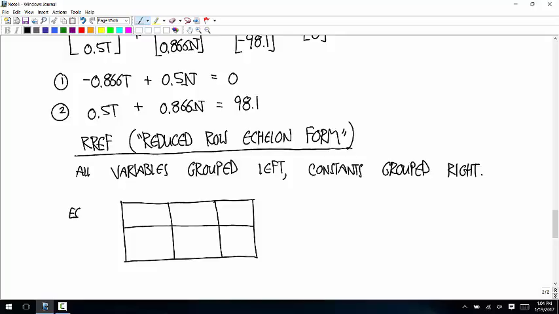The first row is for equation 1. The second row is for equation 2. The first column is for, it doesn't matter what order you do it, but I'll do T's and then N's, and then the last one is for the constants that are grouped on the right side of the equation.